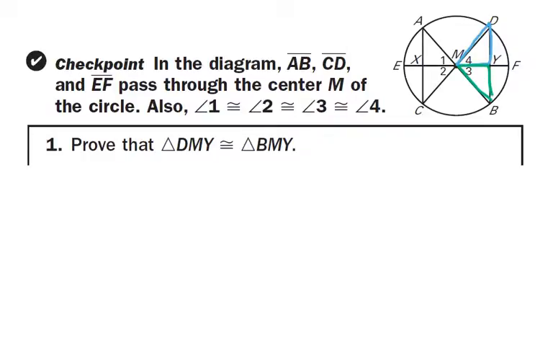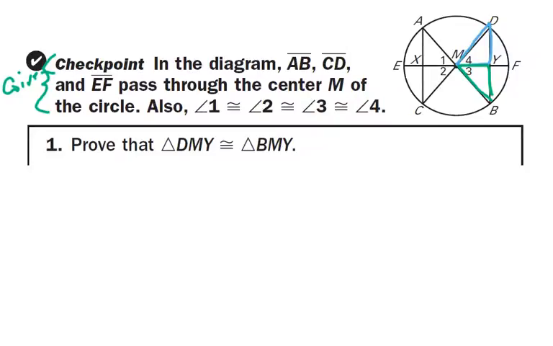So you're trying to show that the blue and the green triangles are the same shape, same size. So this up here is your given information. Go ahead and write a two-column proof below that. Okay? So go ahead and pause the video, write your proof, and then we'll come back and go over your answer.